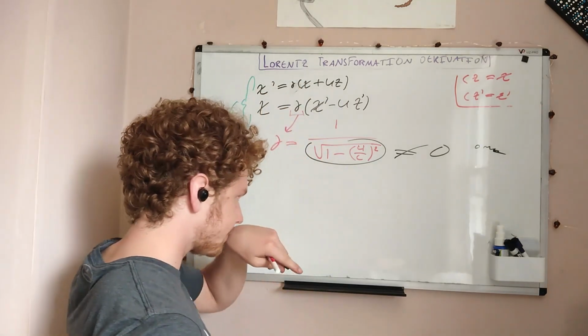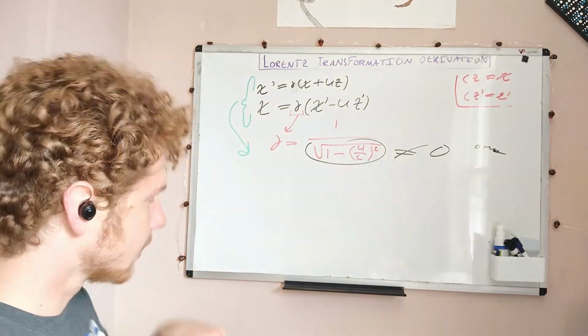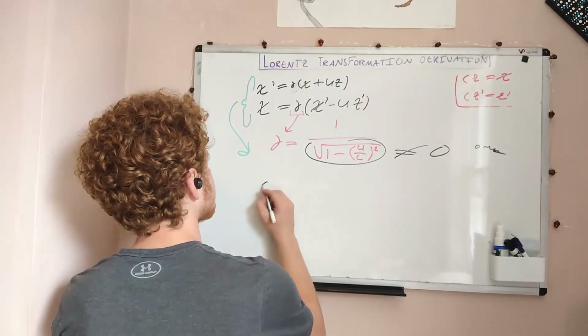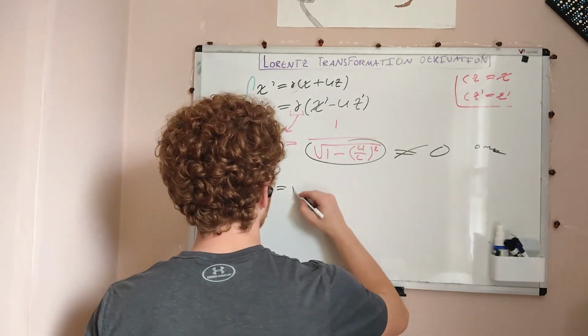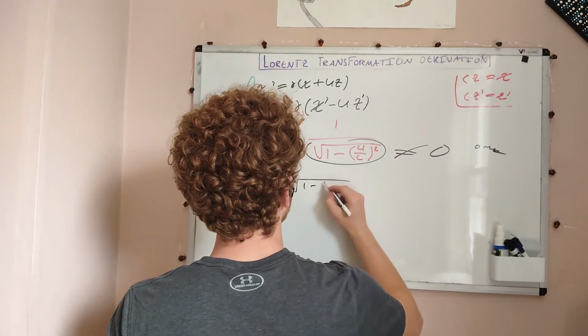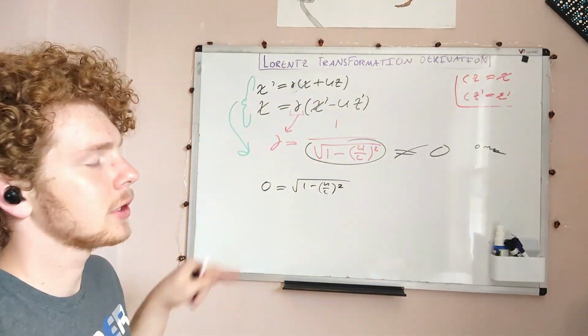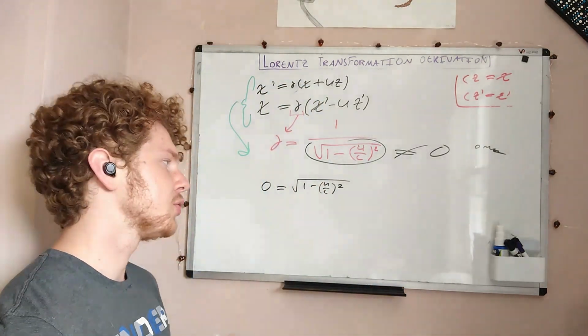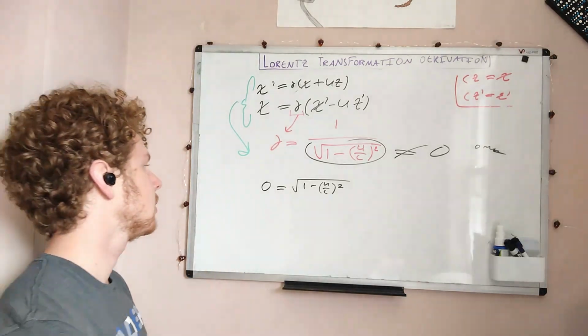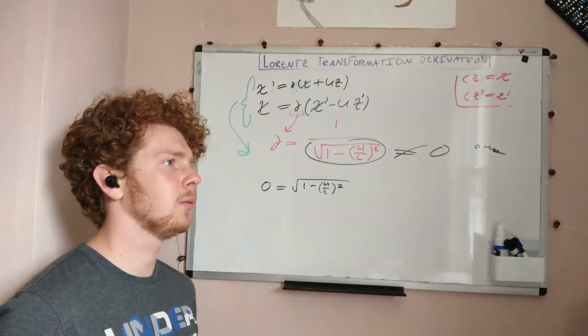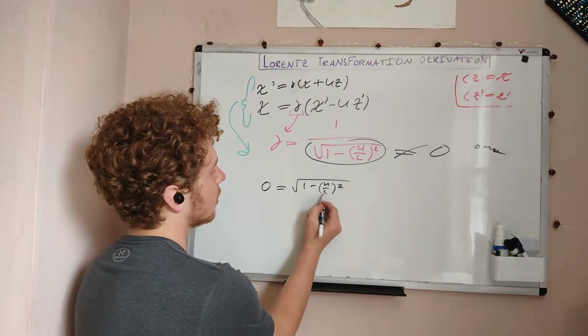And so, just out of curiosity, what must occur for this to become zero? Just by looking at this expression, what would happen if this were zero, and what would be true?